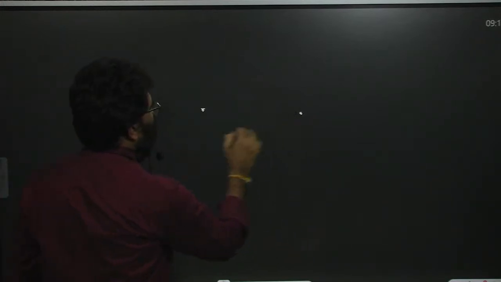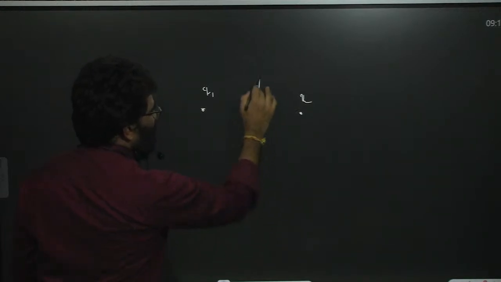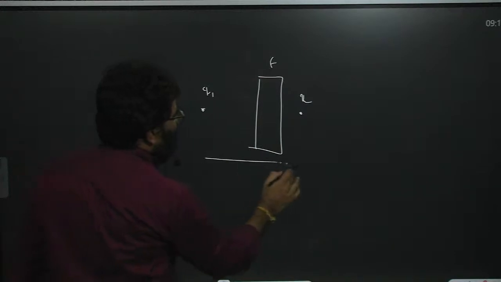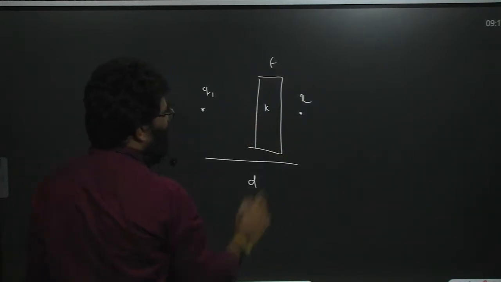Now take these generally. Suppose the charges are q1 and q2, and only part of the space is filled with the medium. Suppose the thickness is t, but the total distance is d. When we replace only partly, suppose the dielectric constant is k.